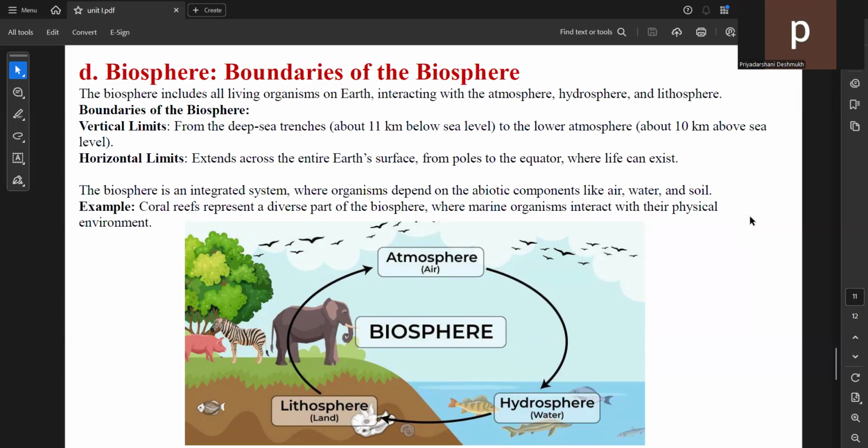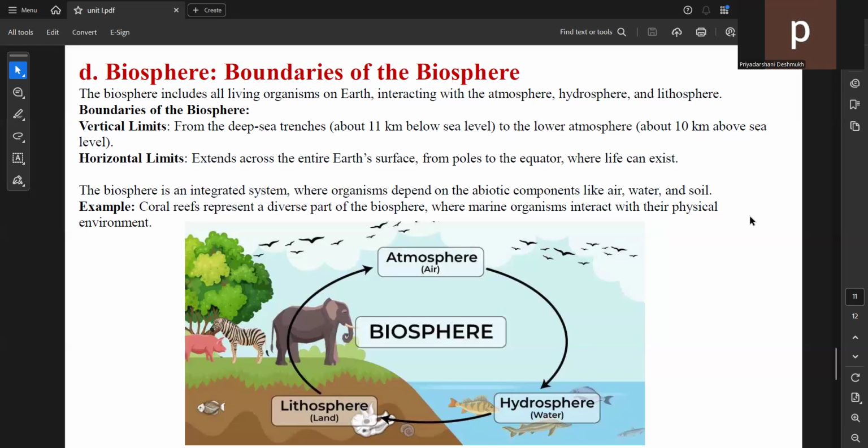Vertical limits go from the deep sea, 11 kilometers below sea level, to the lower atmosphere, about 10 kilometers above sea level. The horizontal limits extend across the entire Earth's surface from the poles to the equator, wherever life can exist.